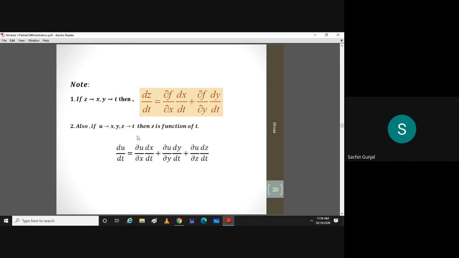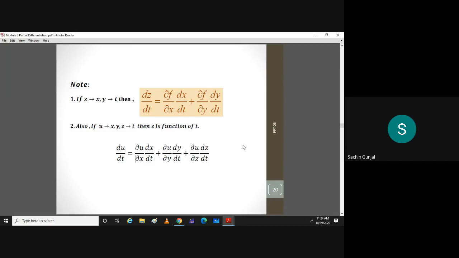And similarly for three variables also, if u is a function of x, y, z and x, y, z are functions of only t, then you can calculate the derivative of u with respect to t, which is given by du/dt equal to ∂u/∂x into dx/dt plus ∂u/∂y into dy/dt plus ∂u/∂z into dz/dt.